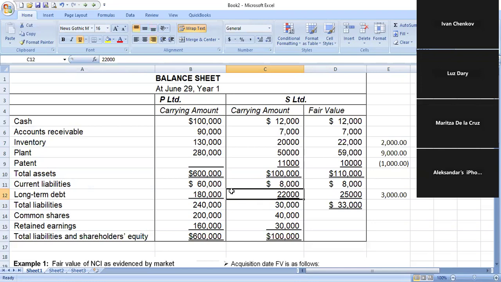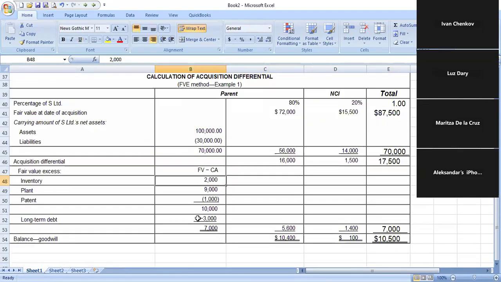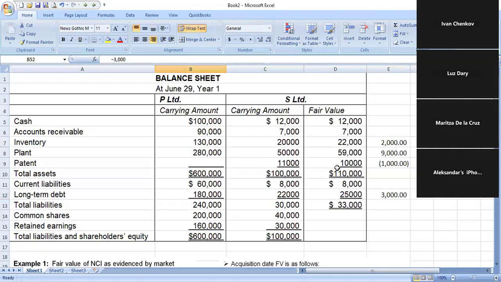Once we have all those elements, we're going to start adding them here. First, inventory went up with 2,000. Plant with 9,000. Patent went down with 1,000. The total change here is 10,000. Here we have an increase in liability.